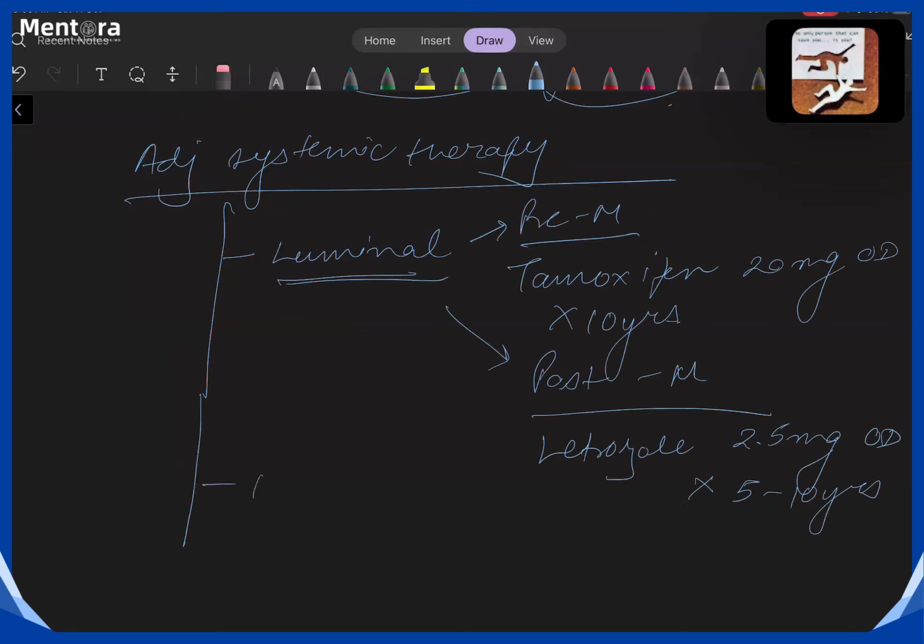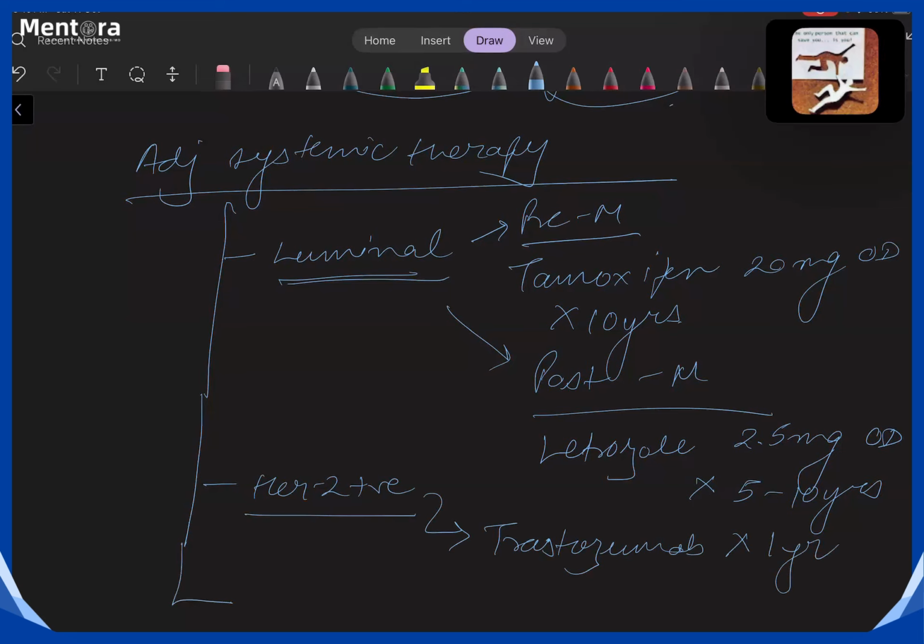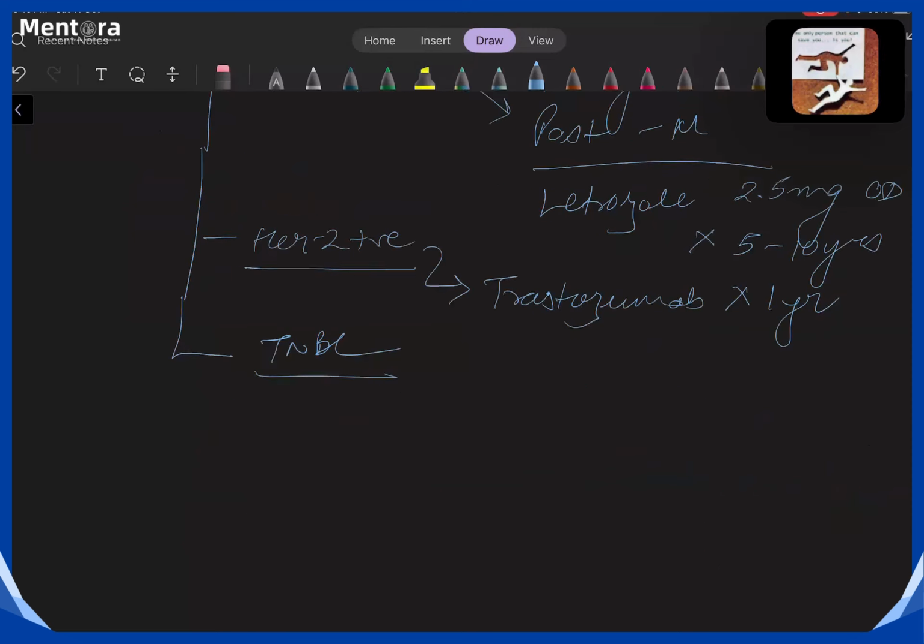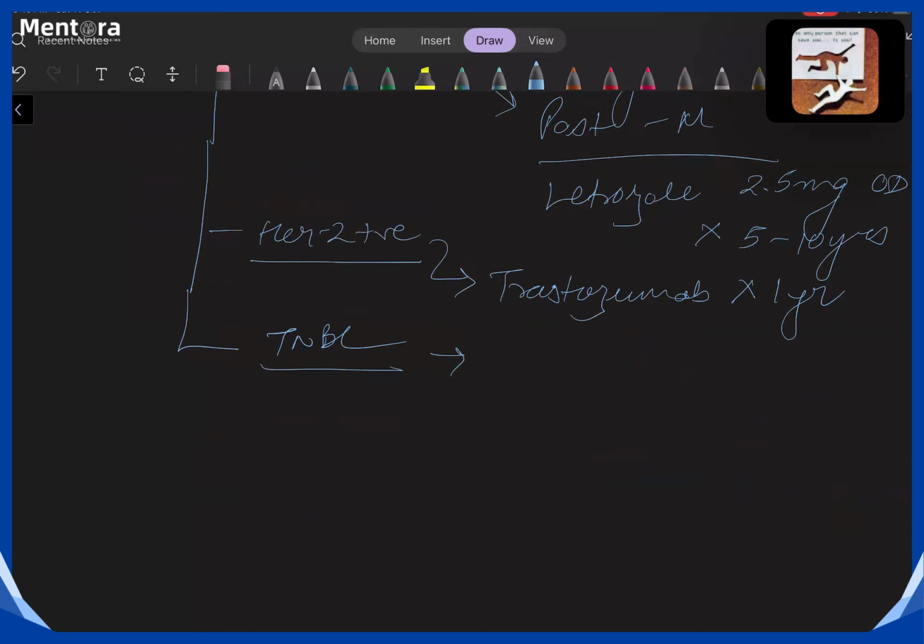If it is a HER2 positive disease, one needs to complete a trastuzumab course for at least 1 year. And if it was a TNBC disease, if there was a residual disease in the surgical specimen, I'm not talking about margin positive.